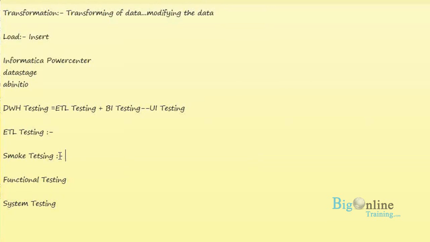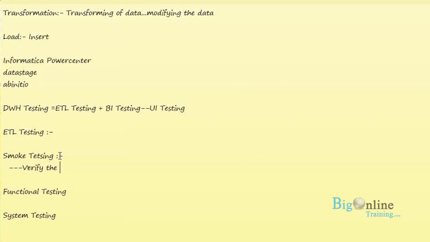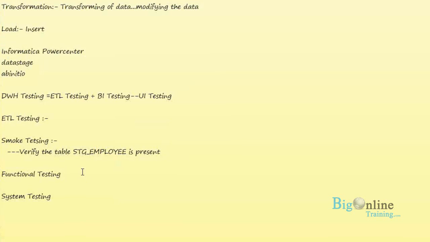Let's say all the ETL programs in Informatica are called mappings. In smoke testing, you will verify whether the target table, stage_employee, is present in the target database or not. Your source database is an OLTP system and your target database is an OLAP system. So stage_employee is present in the database or not.